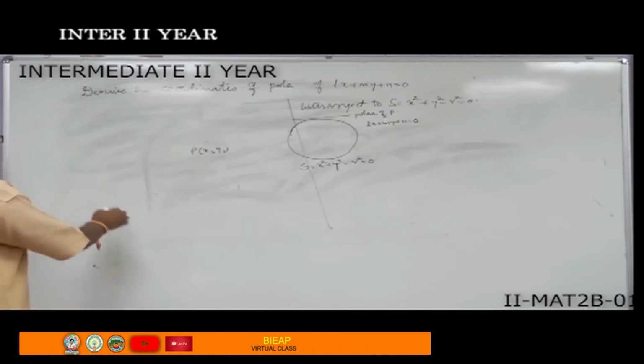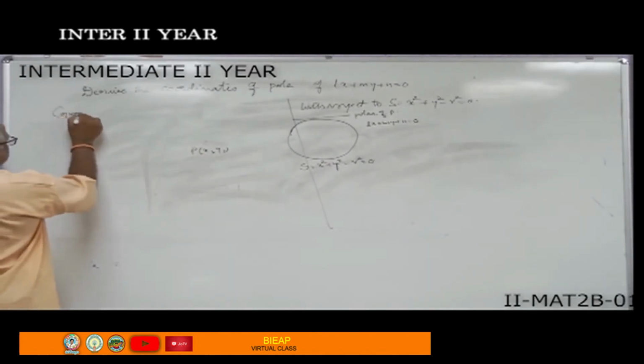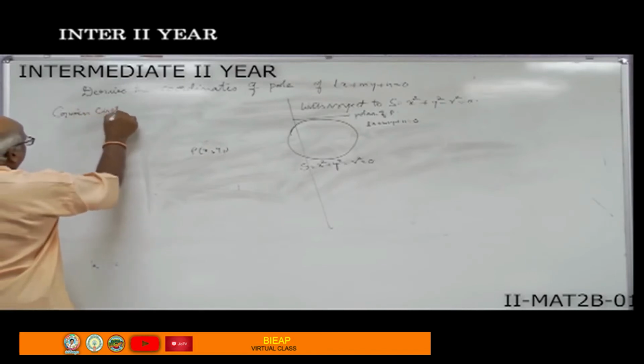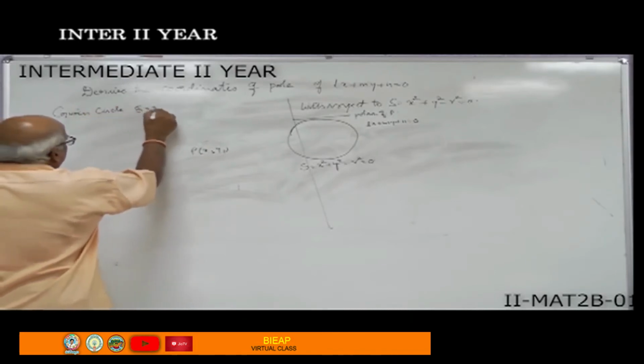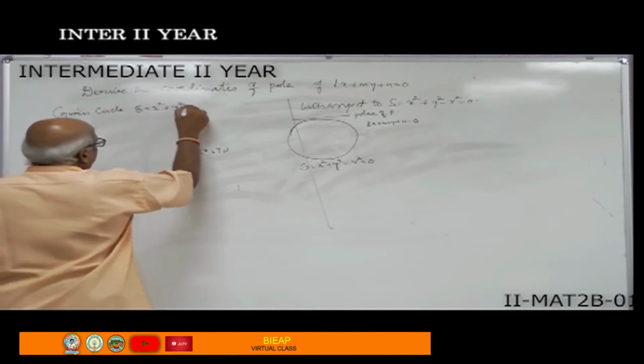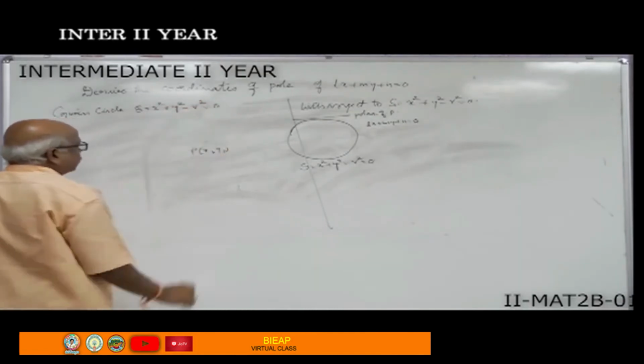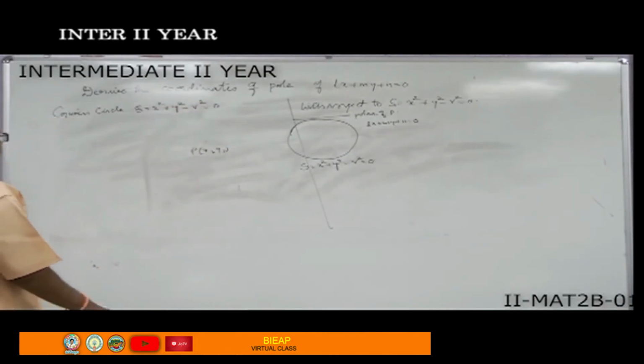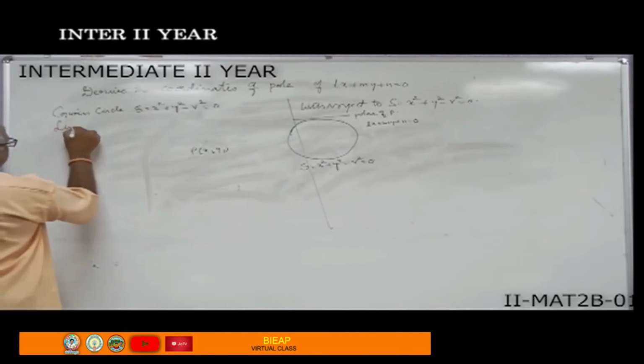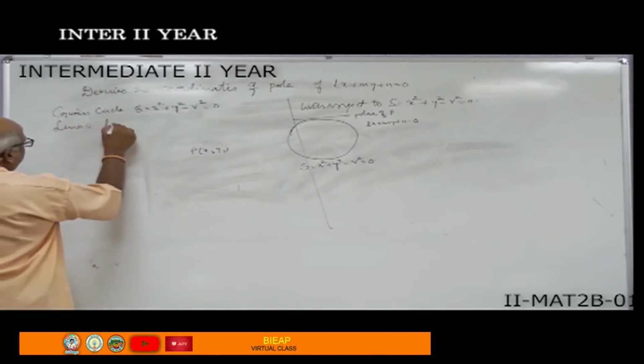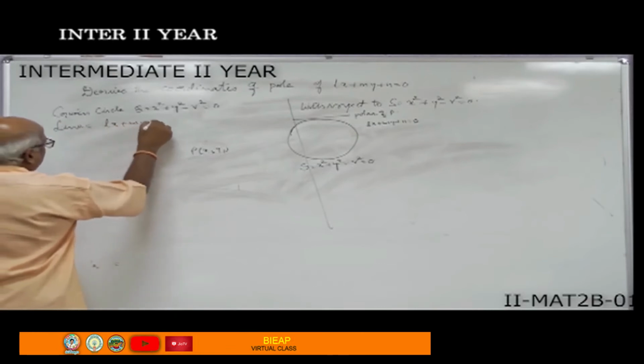For that, given circle S equal to x square plus y square minus r square equal to 0, and line Lx plus My plus n equal to 0.